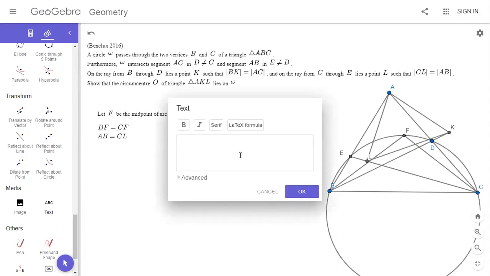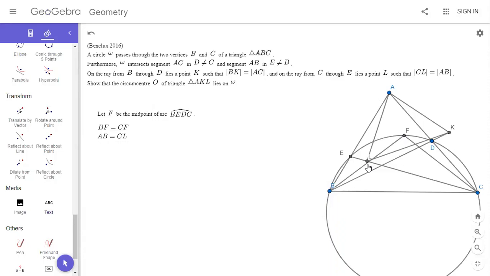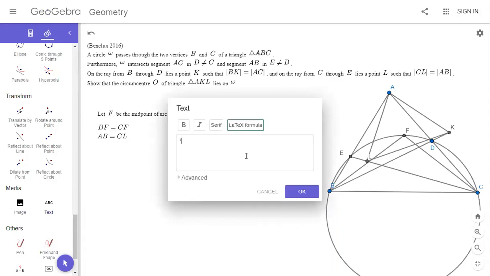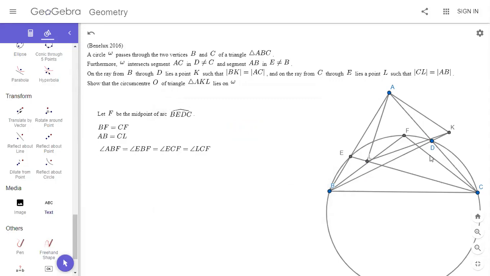Oh no, we want to show angle ABL. What am I showing? ABF, I want to show that's FCL. Yeah, so angle ABF is equal to angle EBF is equal to angle ECF is equal to angle LCF. And so ABF is congruent to FCL.